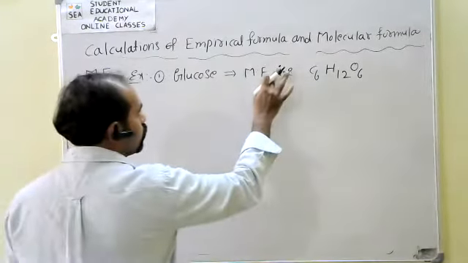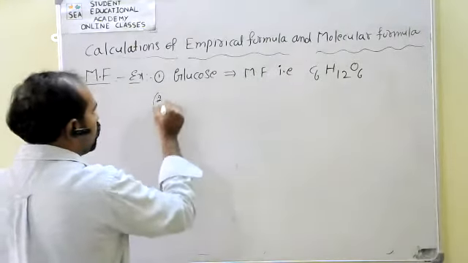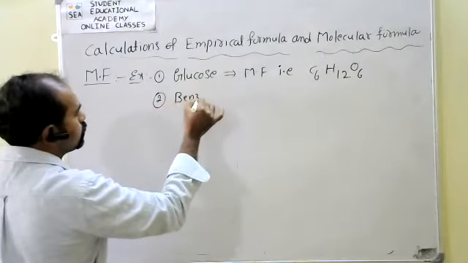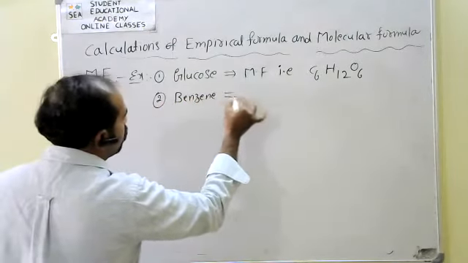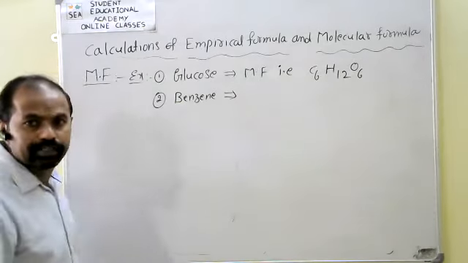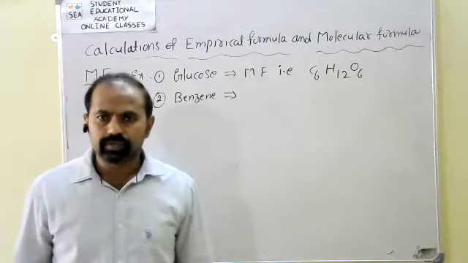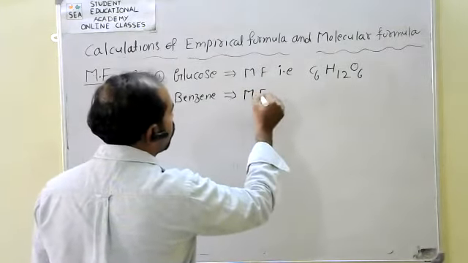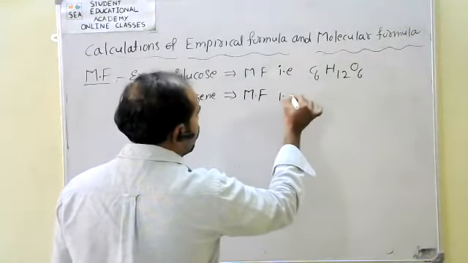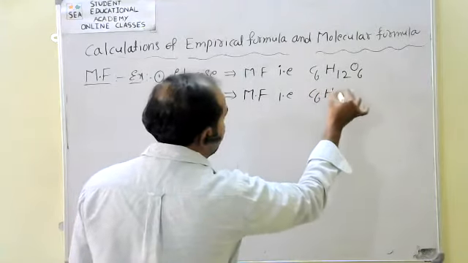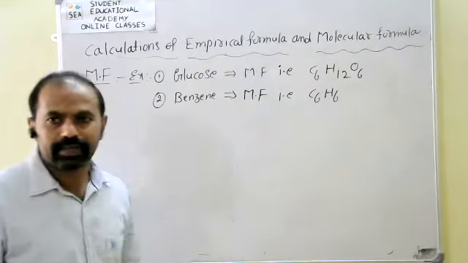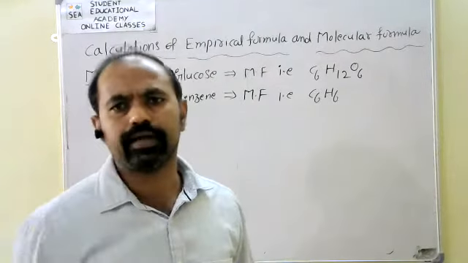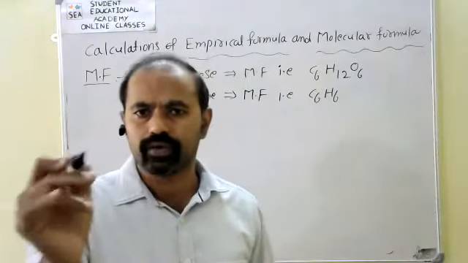Now, if I take benzene, the given molecule is benzene. Its molecular formula is C6H6. Benzene contains exactly 6 carbon atoms and 6 hydrogen atoms.